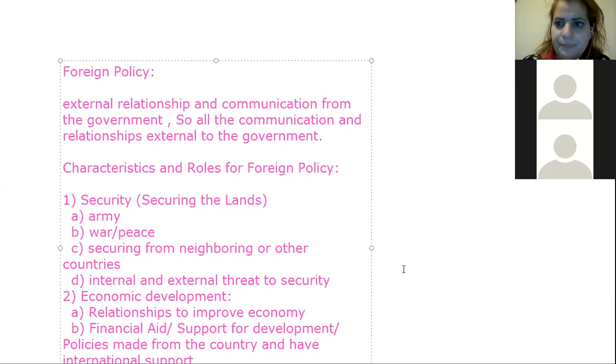Okay, good job. Drugs and crime, women's rights. Yes. Okay, great. So excellent job. These are the different entities in the UN.